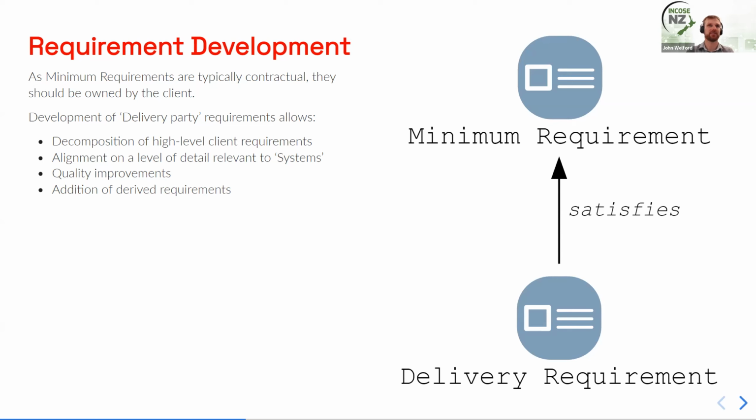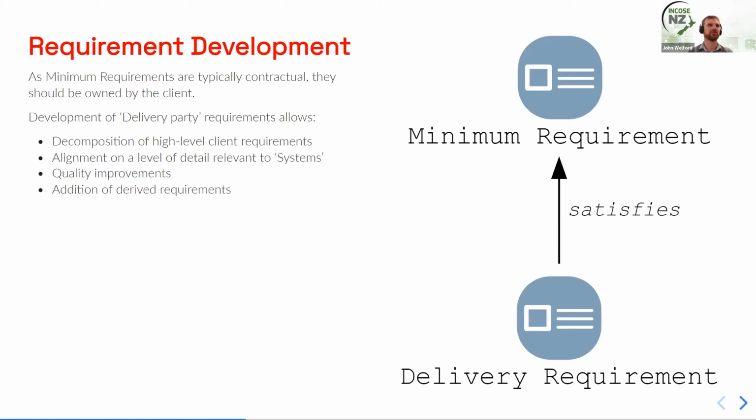So we get the nice requirements hierarchy that you'd all be familiar with. And I've just called them delivery requirements here. We'll see that we've used different terms for them on different projects. But what we're really looking for is alignment of those delivery requirements at a level of detail that's relevant to the systems being delivered.